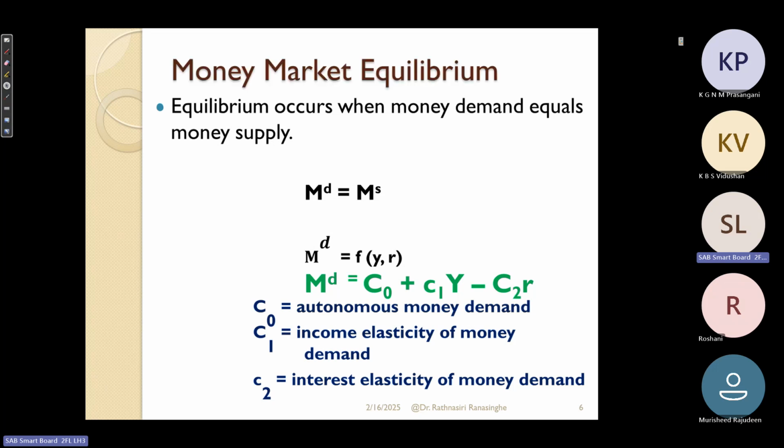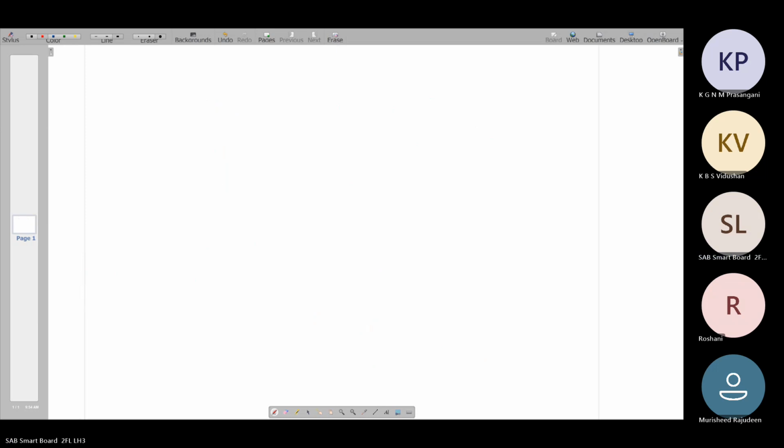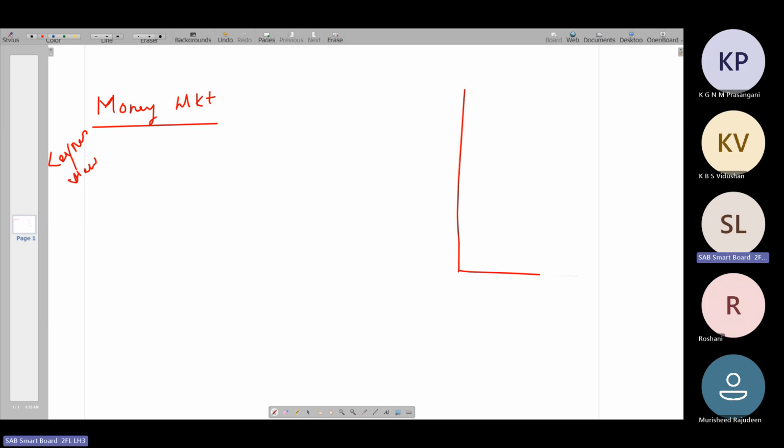What is the Keynes idea of the money market? Now we are going to talk about the money market, or we denote it as the financial sector.